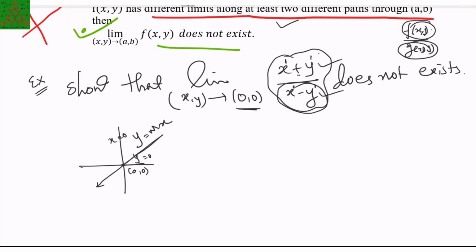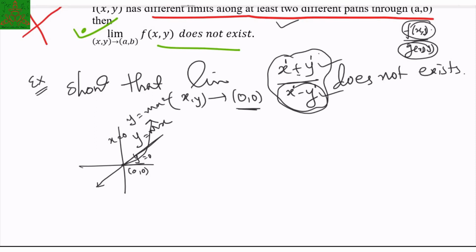You can have a curve passing through the origin, y equal to m x square, that is a parabola. So there are many paths possible passing through this point. Along any two different paths, if you have different answers, then the limit does not exist. That you need to prove.